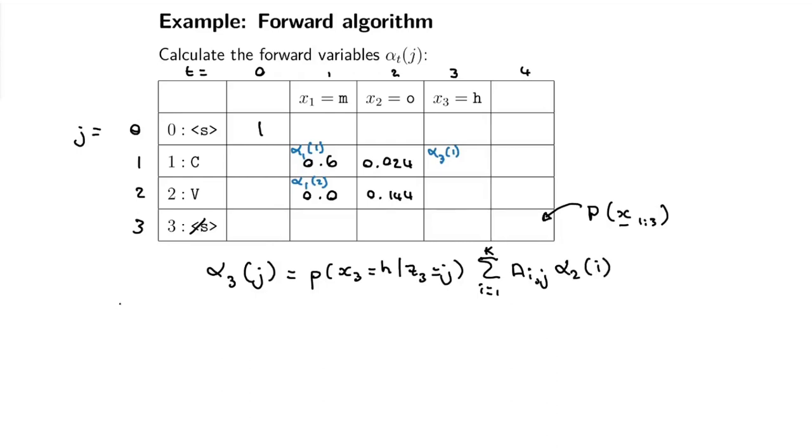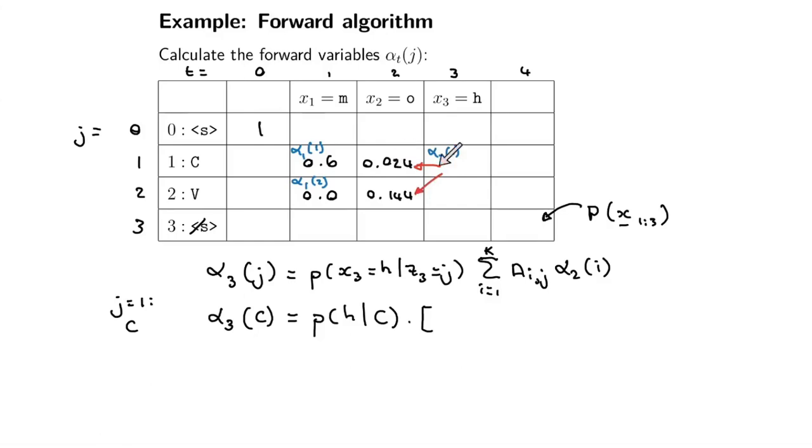Okay, so if j is equal to 1, which means that it's a consonant, or the C state, then we've got alpha 3 of being in the consonant state, P of h given that we're in the consonant state, and then we've got a summation over the two options. We can either come from this way, or we can come from this way.